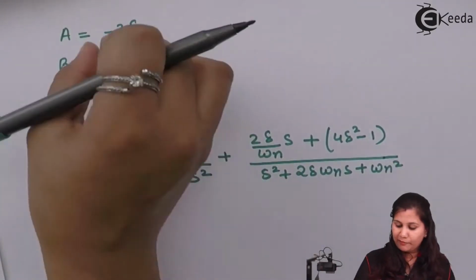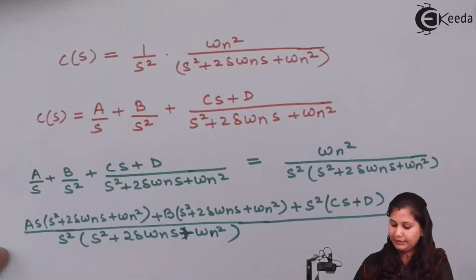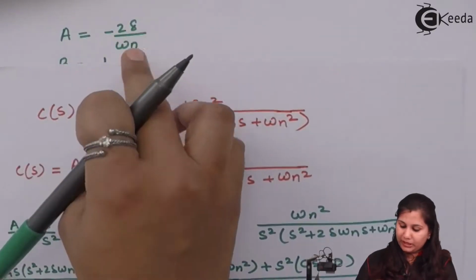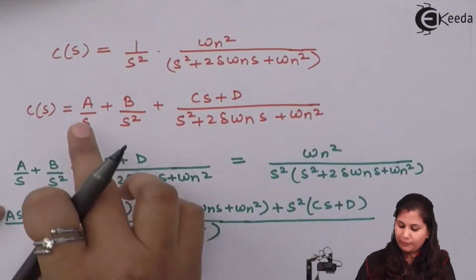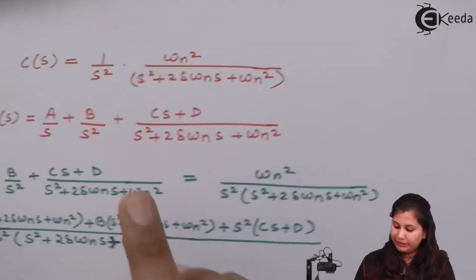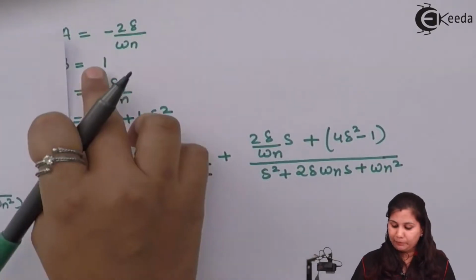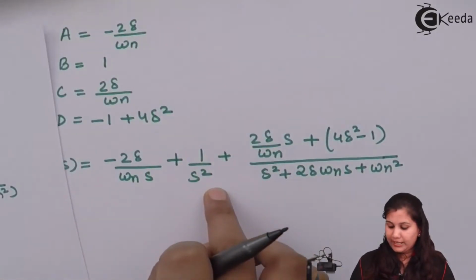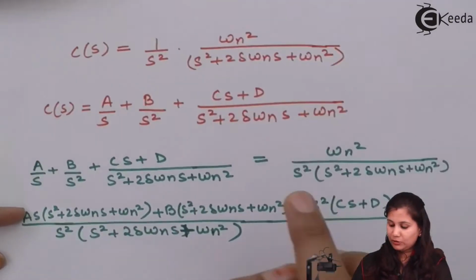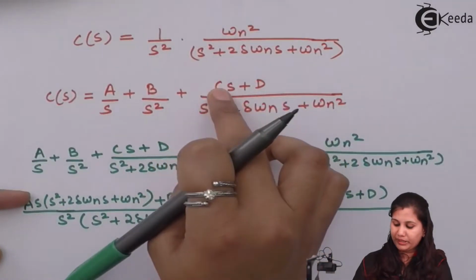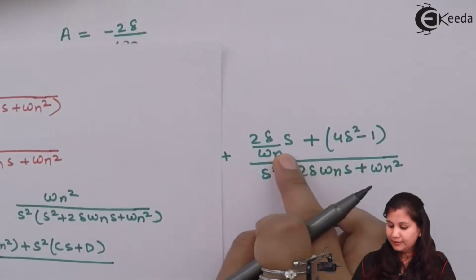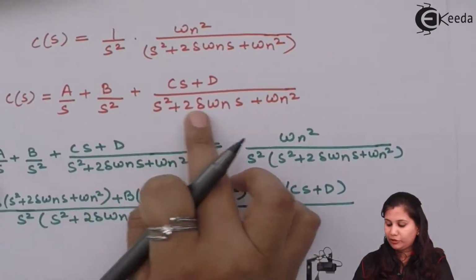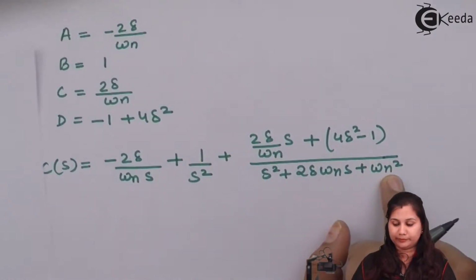We have put the values of A, B, C and D in this equation. A was minus 2 delta upon omega n, so we wrote that over s. B was 1, so we wrote 1 upon s square. C was 2 delta upon omega n, multiplied with s, and D was 4 delta square minus 1, with the denominator written here.